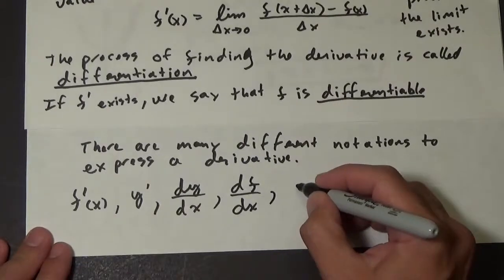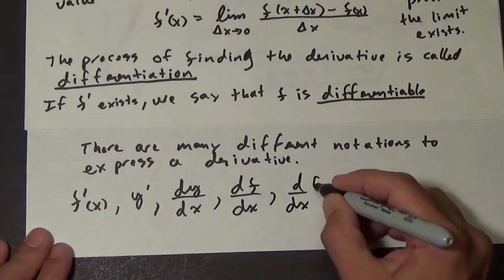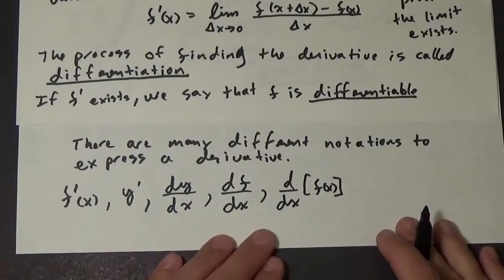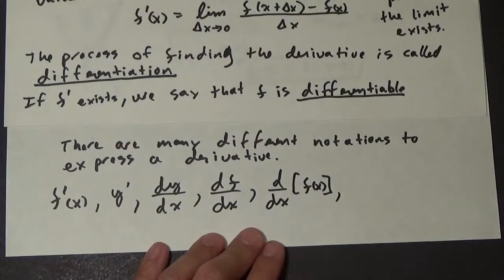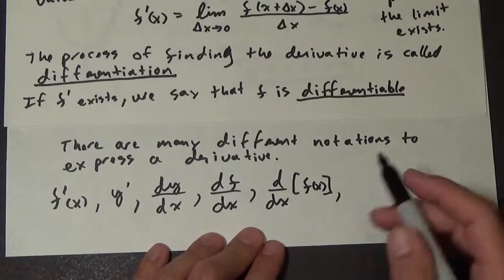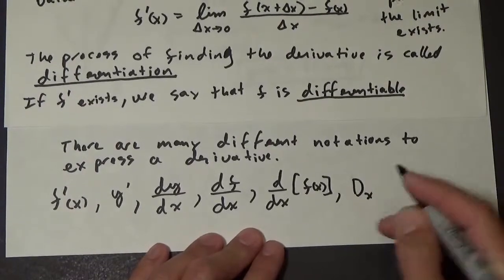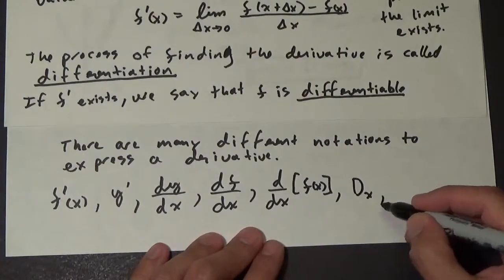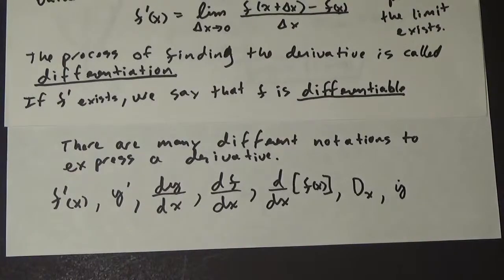You also might say the derivative with respect to x of the function f of x. I don't see this too often, but if you go on in math, you might see this capital D with a little x, and that means to take the derivative with respect to x. And for historical purposes, we'll do a y with a little dot on it.